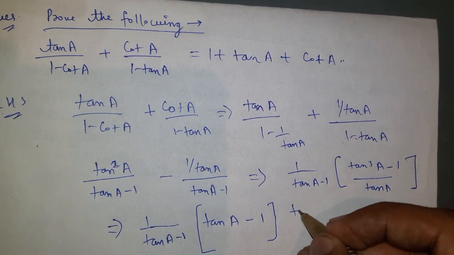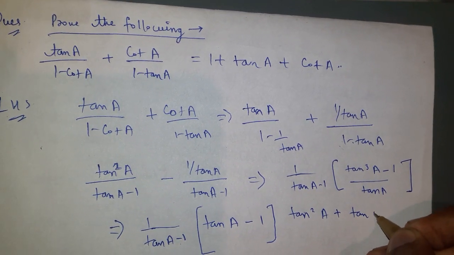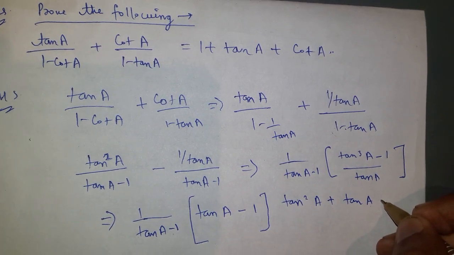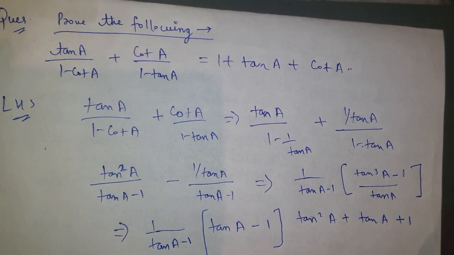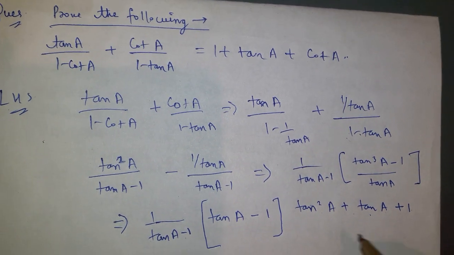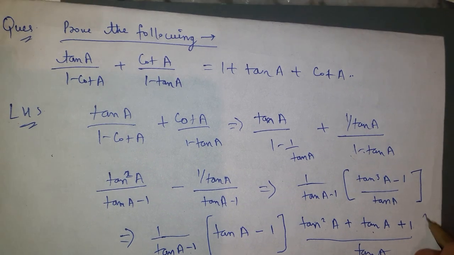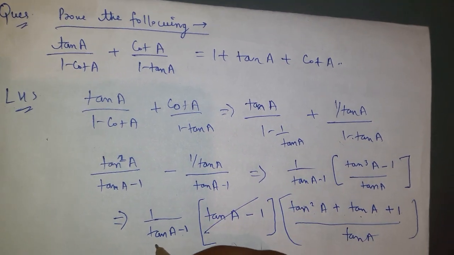So A must be tan A, which gives tan square A plus tan A plus 1, that is, A square plus B square plus AB, divided by tan A. Here tan A is left, so I have written tan A. So this term is going to cancel with this.